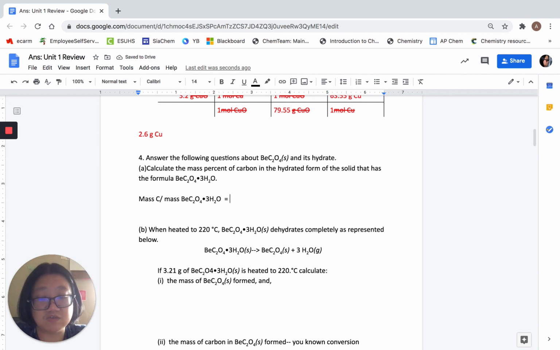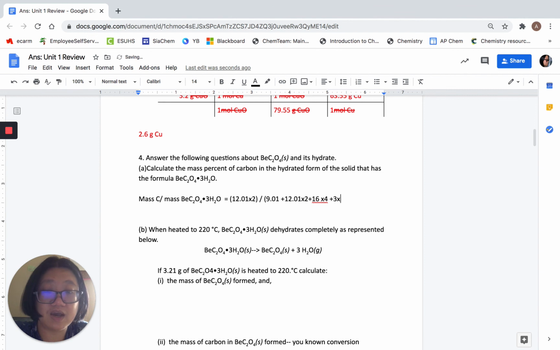Now notice that there are 2 carbons, so 12.01 times 2. That's first. So that's for the carbons on the top, right? And then we're going to say divided by, we have a whole lot of them to do. So let's start with beryllium. Beryllium is 9.01 plus carbons 12.01 times 2 plus oxygen is 16.000, which is 16 times 4, plus 3 water.